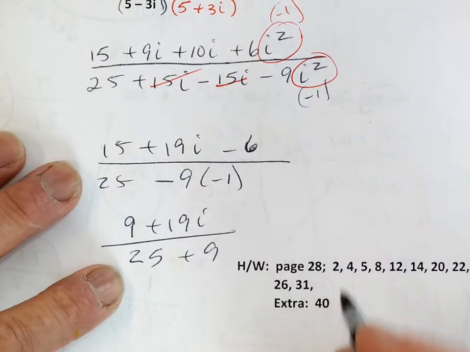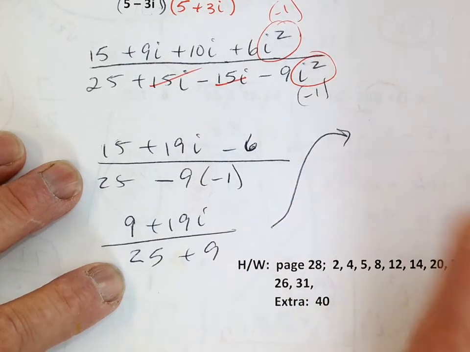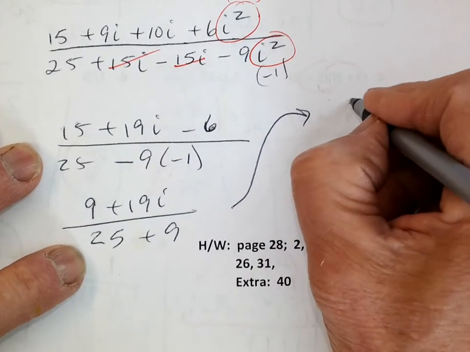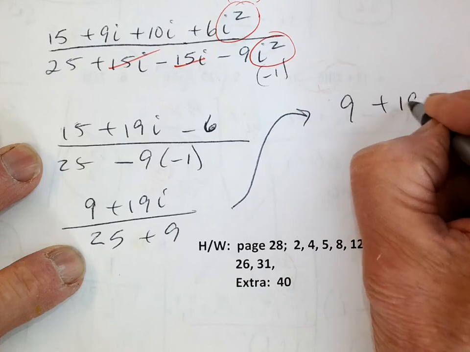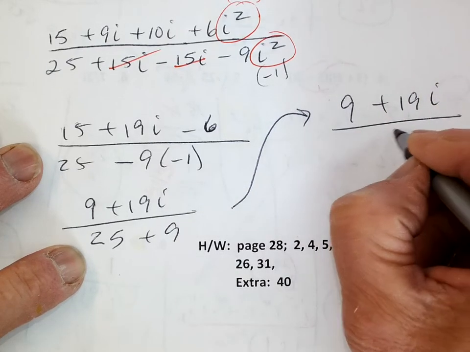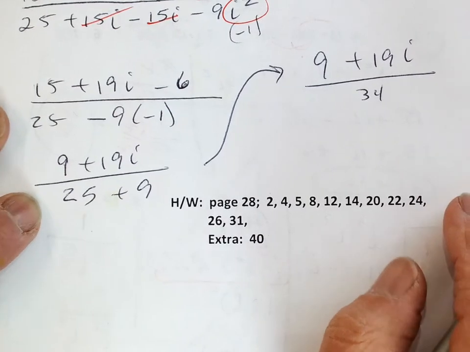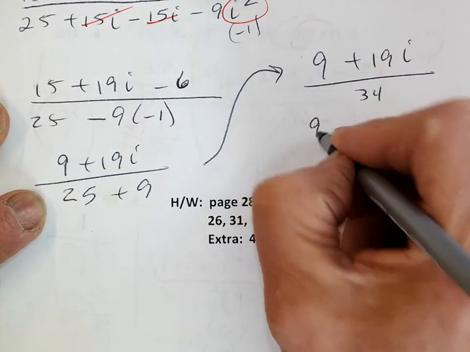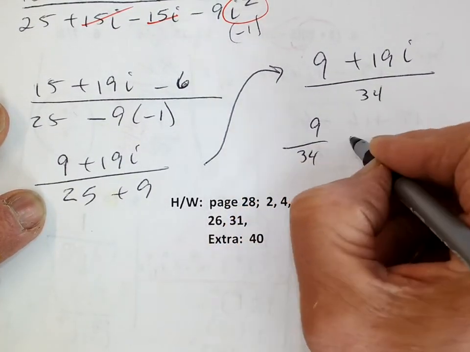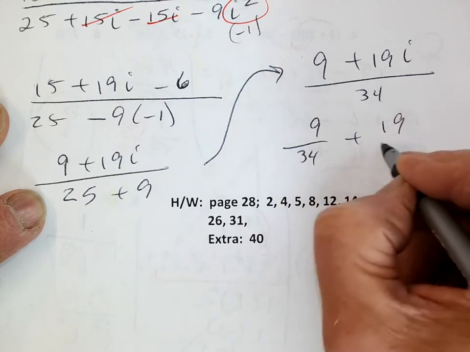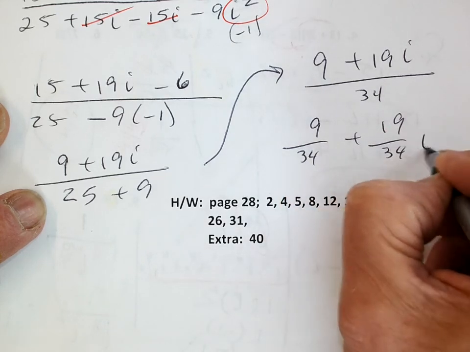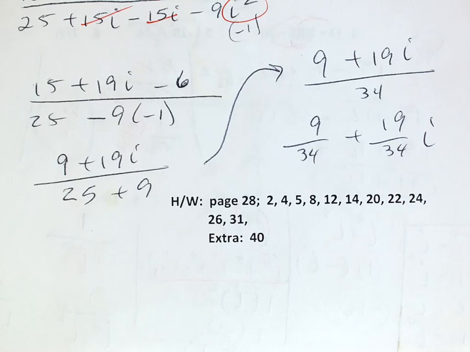What's that, 34? I'm going to get 9 plus 19i over 34. And I'm going to rewrite it as 9 34ths plus 19 34ths i. Okay? And that's all I can do with that.